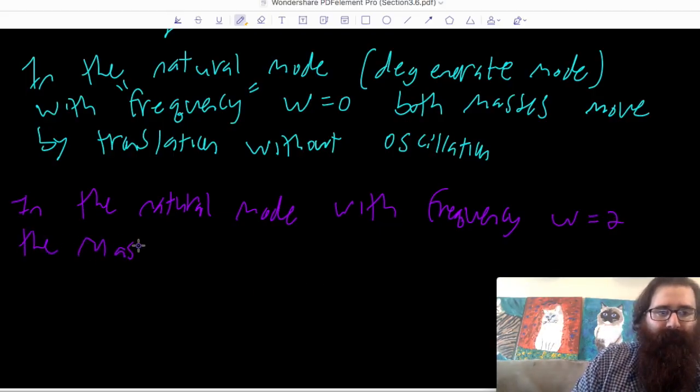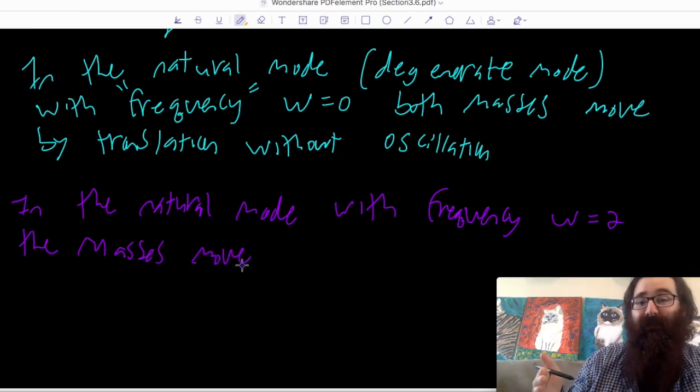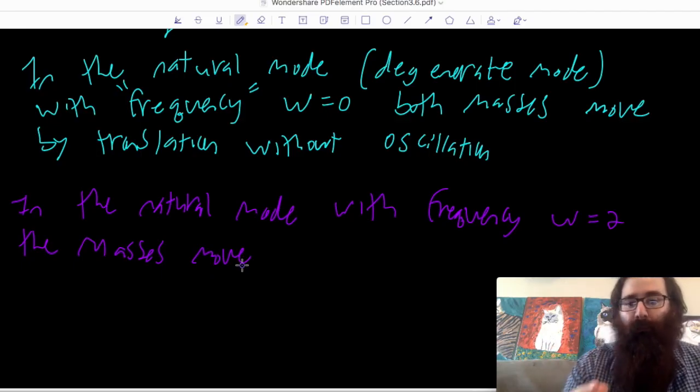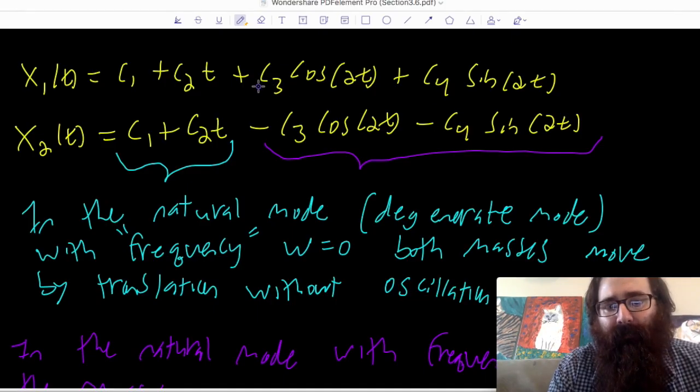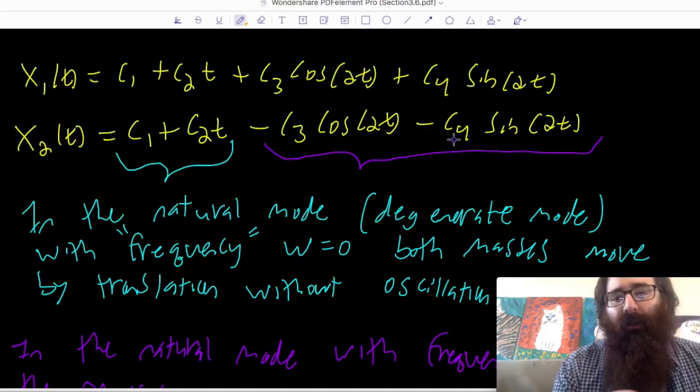the masses move, and I want to describe the directions and the amplitude. So I'm really looking in front of cosine and sine. They have the same arguments, but I want you to notice that in front, they're exactly the same except opposite signs. Now, I don't know what C3 and C4 are, so I can't really comment on which one is going to wind up staying positive or staying negative, but I do know that they're opposite signs, which means that they're moving in opposite directions.